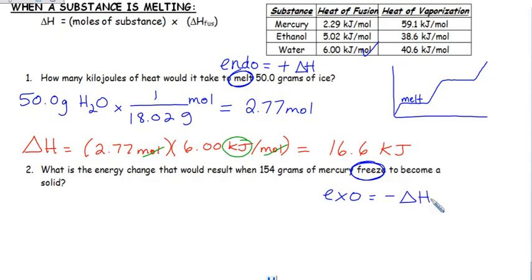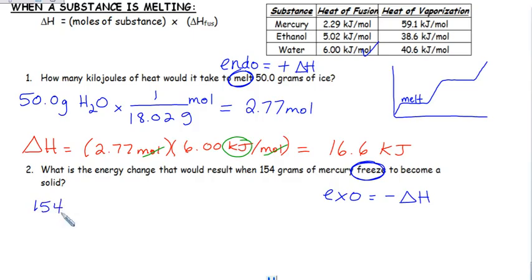So for example, like in number 1, I would have to add 16.6 kilojoules to melt 50 grams of ice. If I want to freeze 50 grams of liquid water, I would need to remove 16.6 kilojoules. Same quantity of energy, the difference is just the direction of the energy flow. So I still need moles.